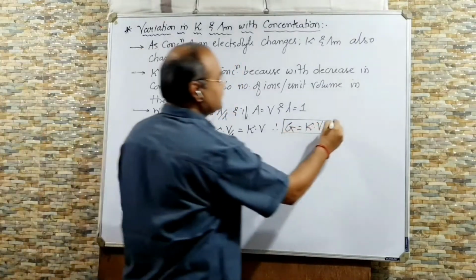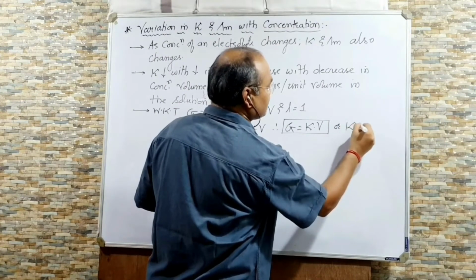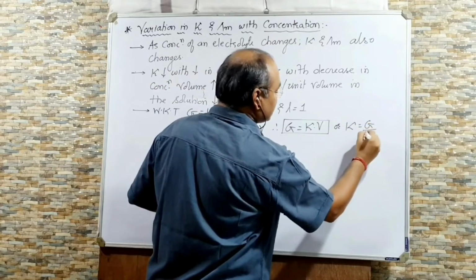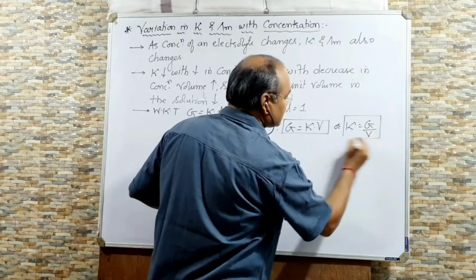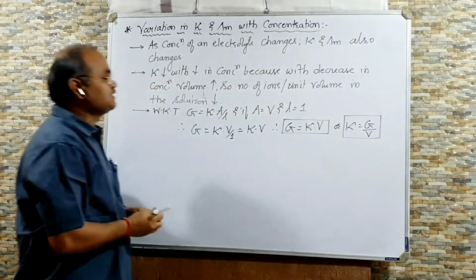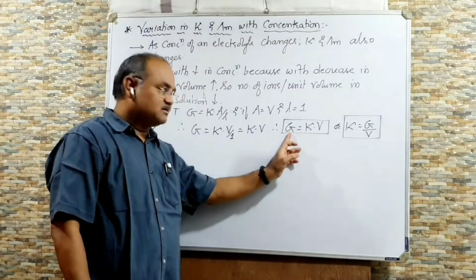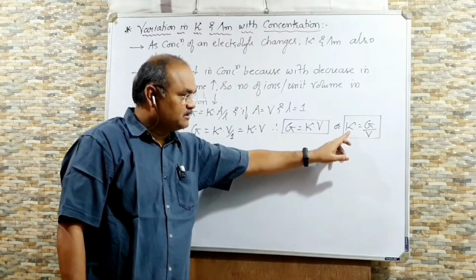Or you can write kappa is equal to G by V. Now you can see here, conductance will increase with increasing volume. But what about the conductivity?